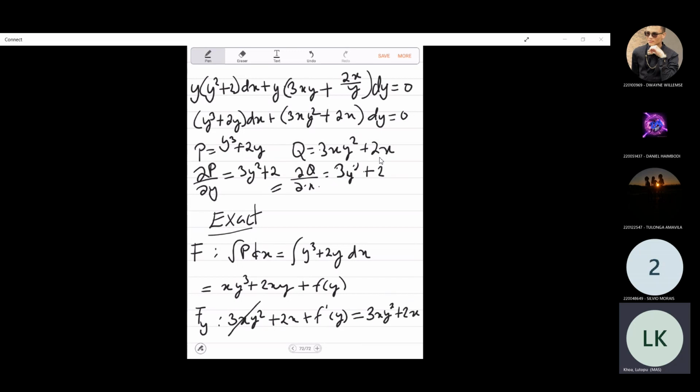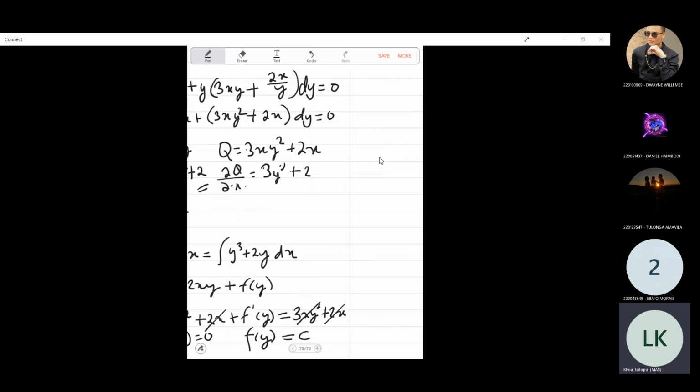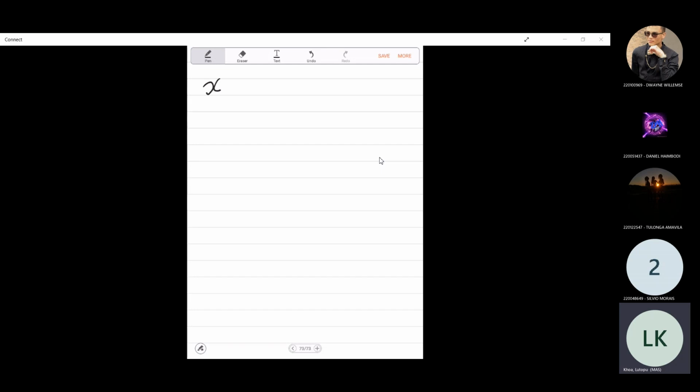So 3xy squared, 3xy squared, 2x, 2x. So we can see that f prime of y is equal to 0. This means that f of y is a constant. So our solution will be xy cubed plus 2xy is equal to c. So we have xy cubed plus 2xy is equal to some constant.